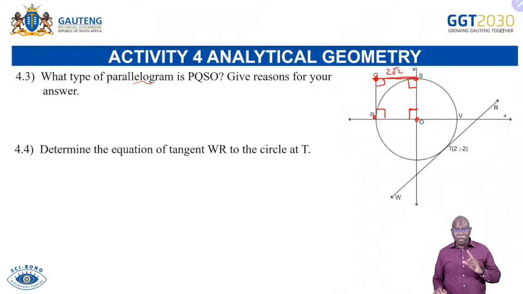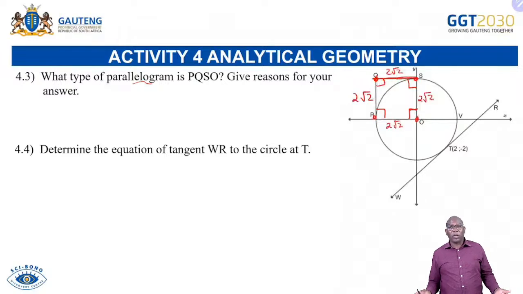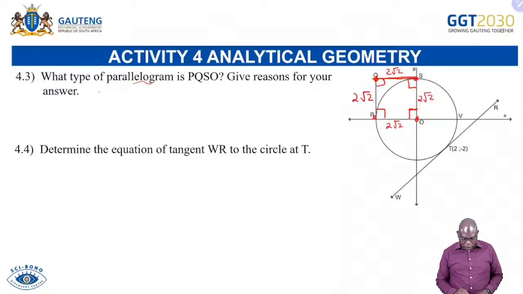Remember, now I'm talking distance, not coordinates. The distance from here to there is 2 root 2, and from there to there is 2 root 2. What is the type of parallelogram? You can hear all of you saying it is a square.